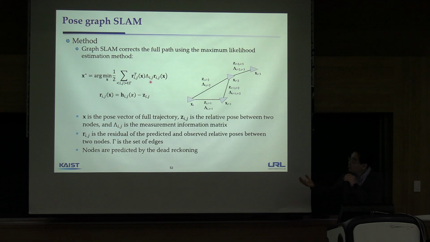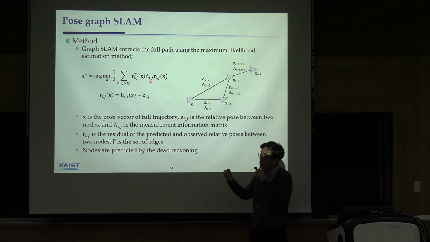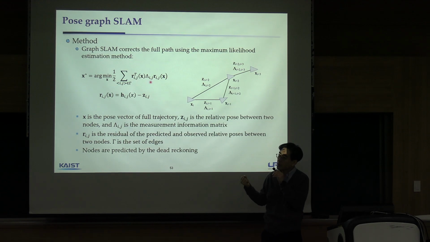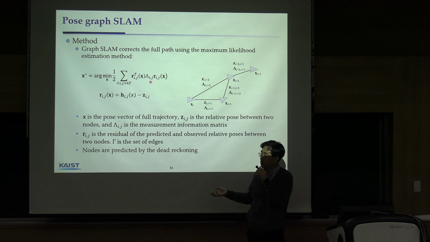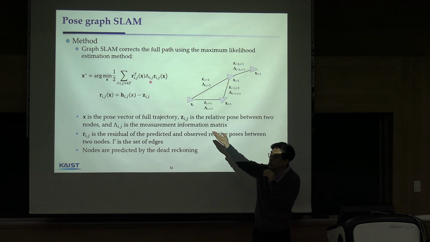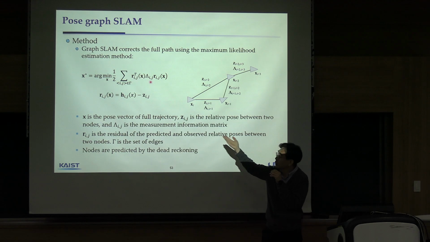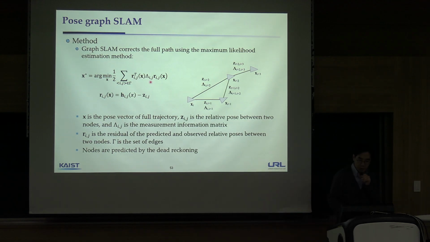If the covariance is small, then it is very reliable information. If covariance is large, unreliable information. So the inverse of that covariance is multiplied in here, and we want to minimize this one. Then after solving this nonlinear equation, we can obtain x star, the optimal pose of the robot, the optimal trajectory of the robot.